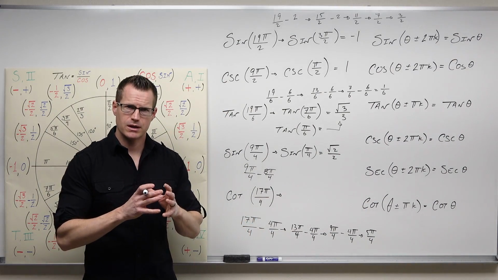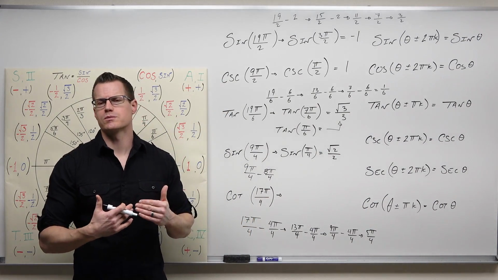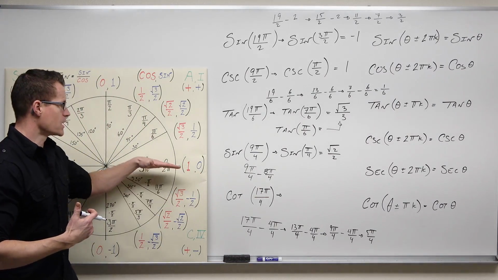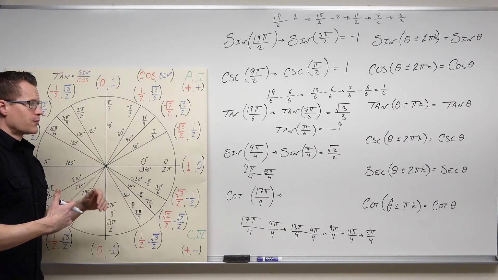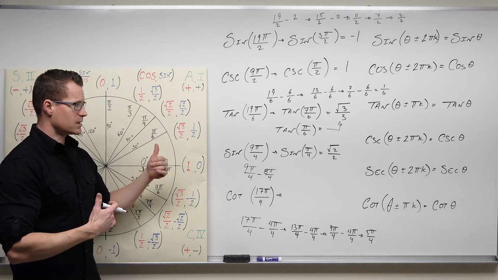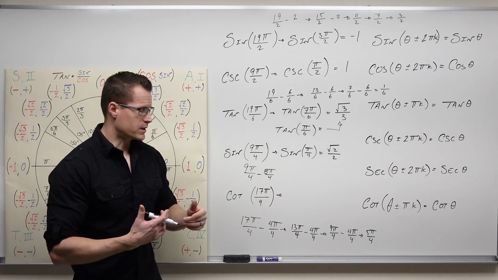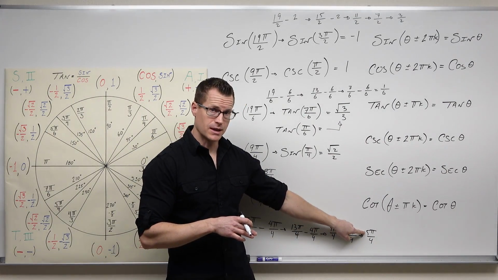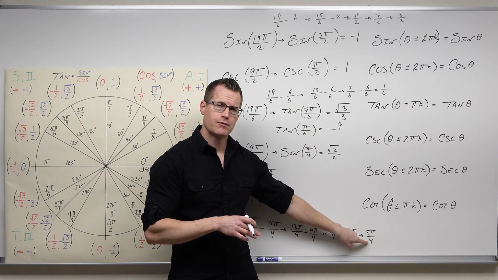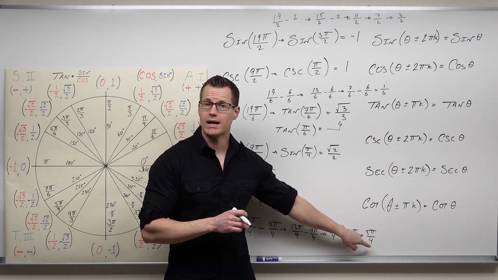Remember, if the period of tangent and cotangent is 0 to pi, then you can always subtract or add these angles until you get somewhere on this particular interval, right here. For sine, cosine, secant, and cosecant, it's the full rotation. So what we're looking for is for tangent and cotangent to have this number less than that number, and for sine, cosine, secant, and cosecant to have this number less than twice that number.